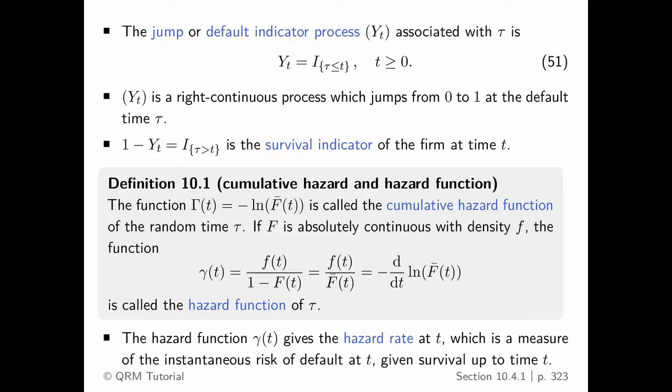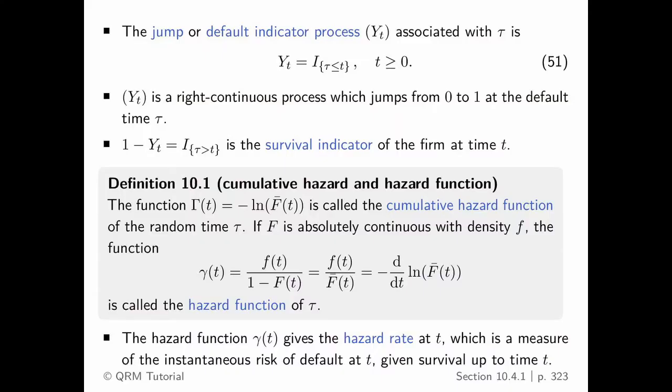The cumulative hazard and hazard function. Normally, I guess all of you know this from life insurance modeling. These distribution functions are typically not written down directly, but we parameterize them in terms of hazard rates or hazard functions. I'm going to introduce these objects now. Gamma of t, which is minus the log of the survivor function, is the cumulative hazard function.